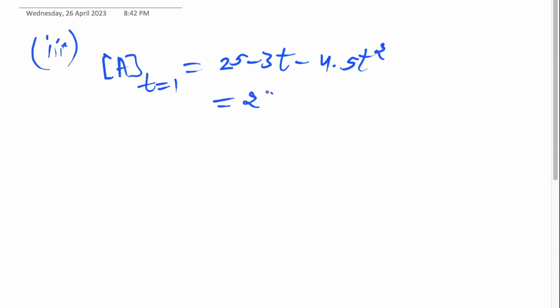So we get 25 minus 3, 3 ones are 3, minus 4.5. 1 square is 1, 4.5 into 1 is 4.5. So 25 minus 7.5 is 17.5.